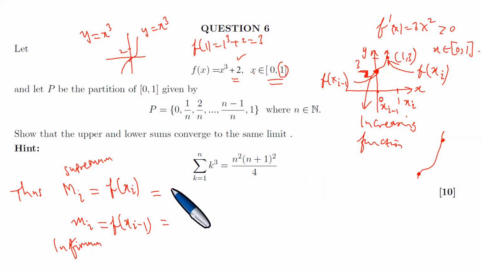So what is this now? What is this now? This is i over n from the partition, which is i over n cubed.